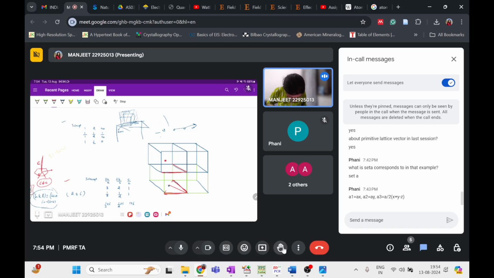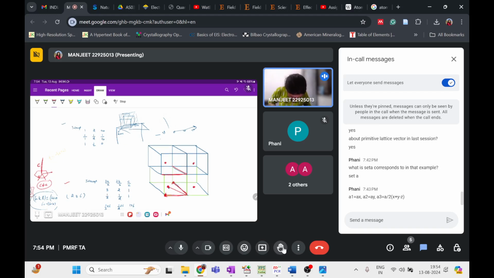One atom is here, one atom is here, one atom is here, and one atom is here. Okay, now this is also one. This is one. So here, for this atom, we have the corresponding one here.